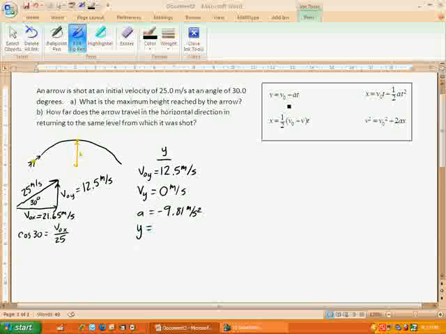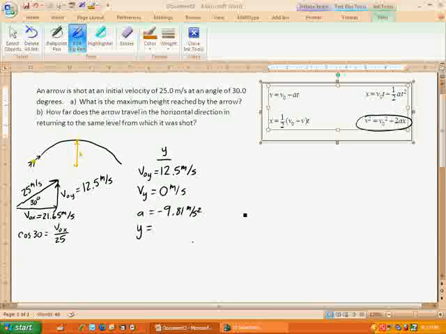Looking at my equations, the one I want to use with the two velocities, the acceleration and y, is this one right here. The final velocity squared is equal to the initial velocity squared plus 2 times the acceleration times the displacement, which is y in this case.